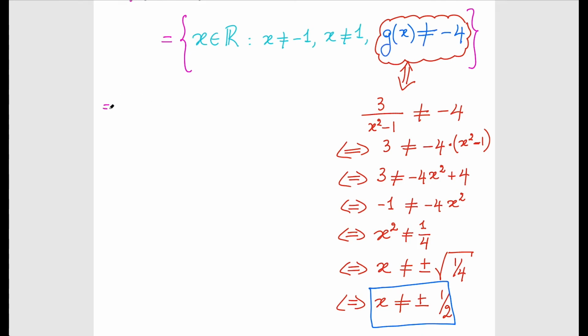This set then is equal to the collection: x is a real number such that x is not negative 1, x is not 1, and the condition that I discovered here, and x is not negative half, right? And x is not plus half. Correct? So that's what this is saying.